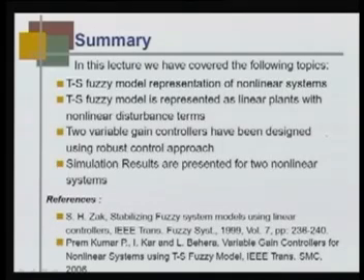So, in summary, in this lecture we have covered the following topics: TS fuzzy model representation of nonlinear systems. A TS fuzzy model represents a linear plant with a nonlinear disturbance term. Two variable gain controllers have been designed using a robust control approach. Simulation results are presented for two nonlinear systems, showing the comparison.